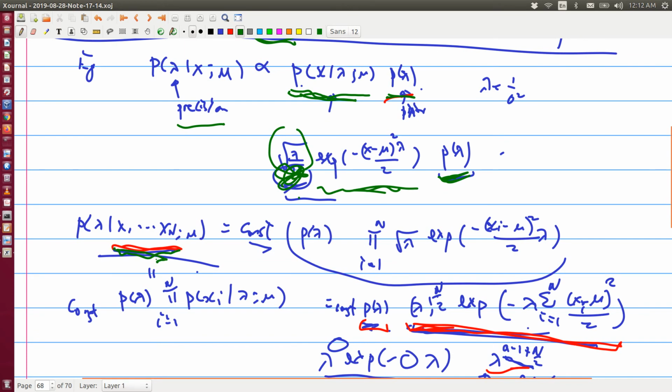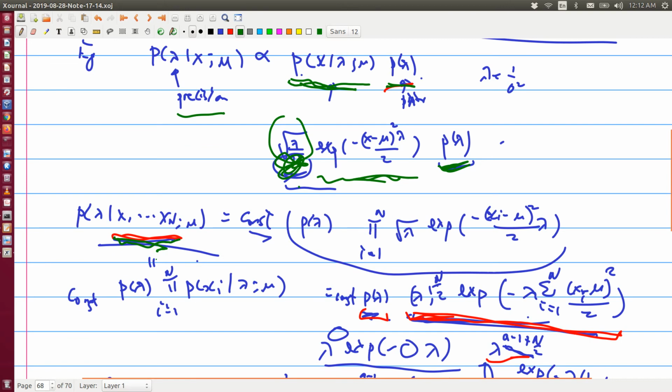Then the posterior will be proportional, or I can write equal to, a constant that doesn't involve lambda, multiplied by the prior p(lambda) and also the product of the likelihoods. Here we use the Markov property: given lambda, each observation only depends on lambda. And this is equal to the square root of lambda times the exponential of this, which is basically equal to this one here.